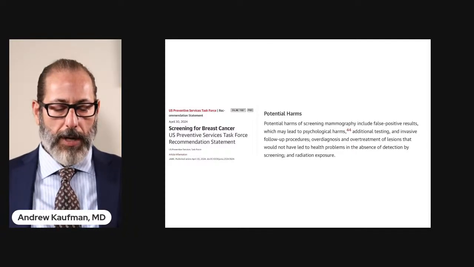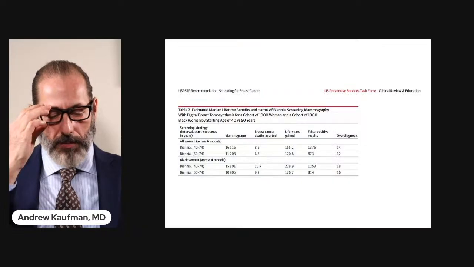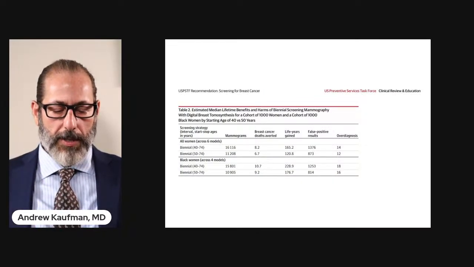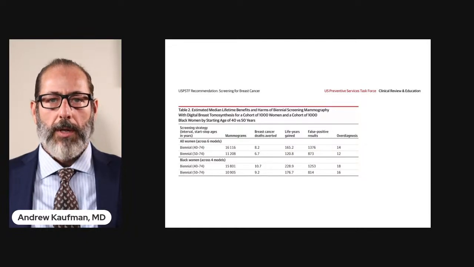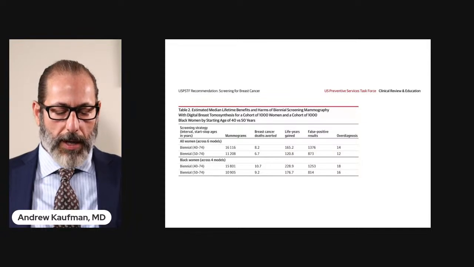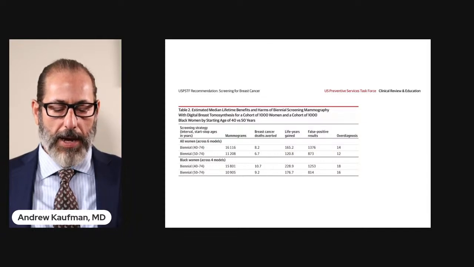Now, if we go to the next slide and look at table 2 from this paper, this talks about a study, actually 2 studies, one including all women and one only including Black women. Each study has 1,000 women in it, and looks like they got somewhere between 10 and 16 mammograms over the course of this study.